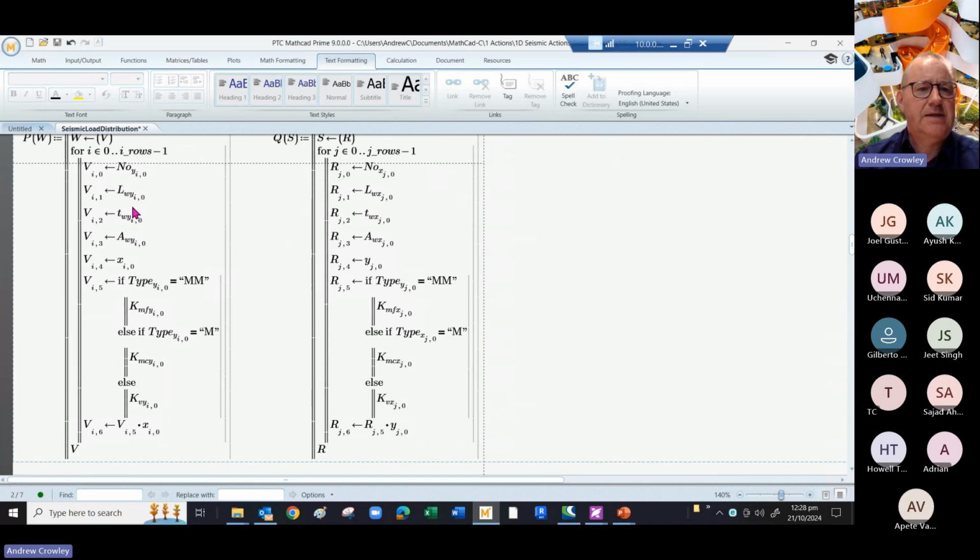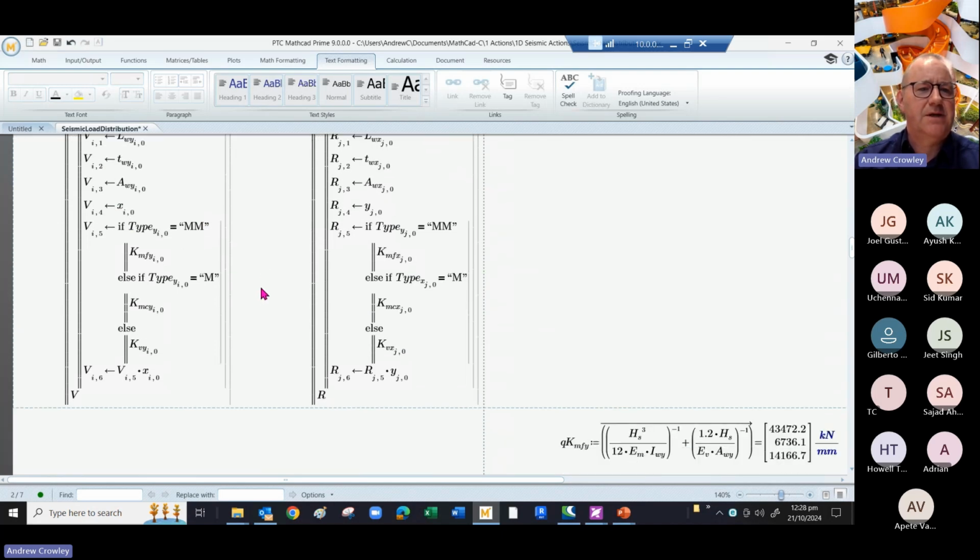we populate this matrix. So in the 0 column, we have a number. The column marked 1, we have the length. Column marked 2, we have the thickness. Column marked 3, we have the area. Column marked 4, we have the x dimension. For 5, we allocate the stiffness, and we do an if.